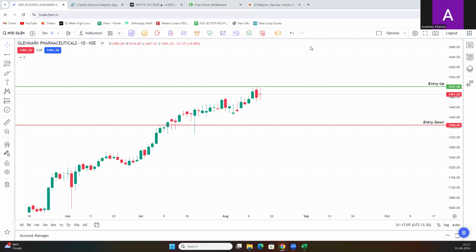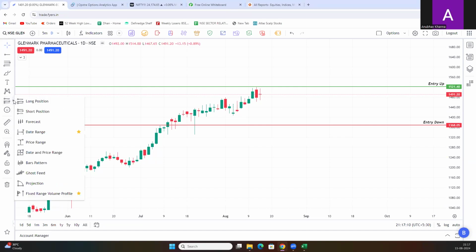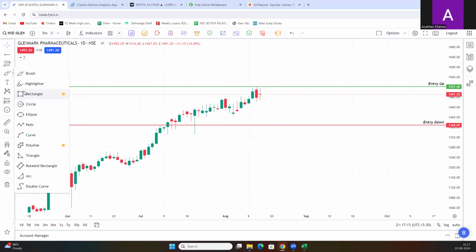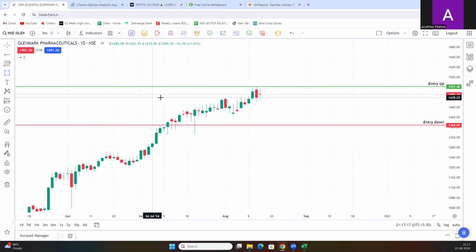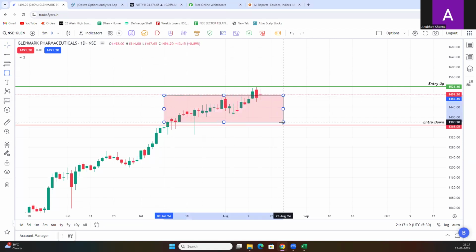Sir, see, stocks like this should be on your radar, which are in consolidation. Anywhere when you go, always give preference to such type of stocks which are in consolidation.